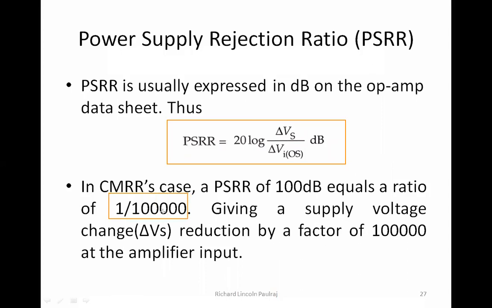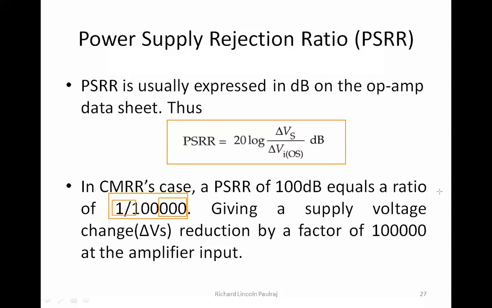If I say 200 dB, then it becomes 1 divided by 200,000, the inverse. Just keep in mind that you have to add another 3 zeros to it, in the inverse fashion, 1 divided by. That's important.